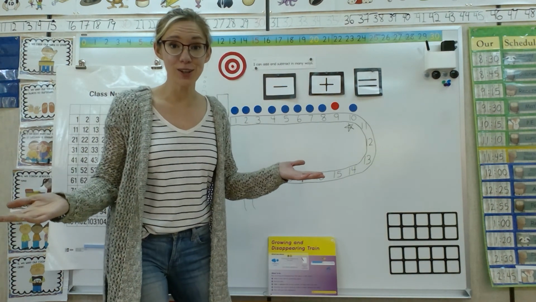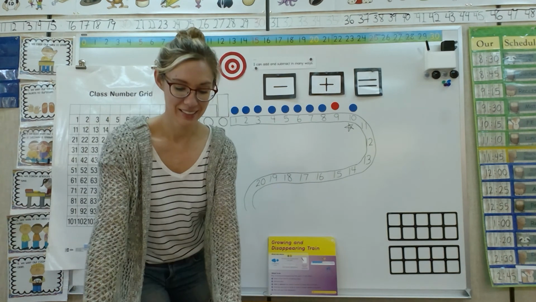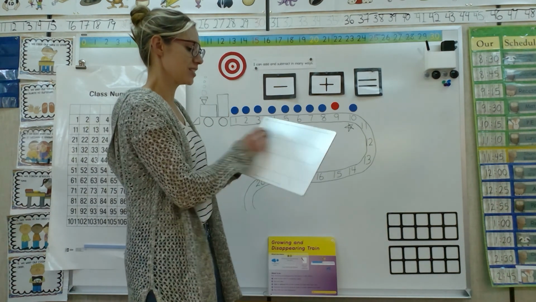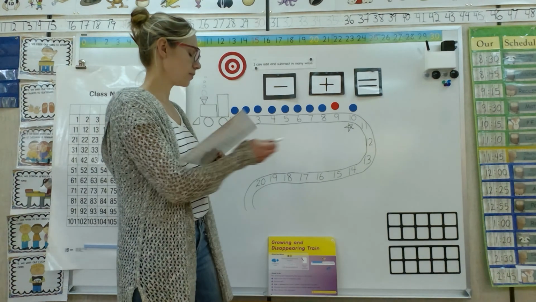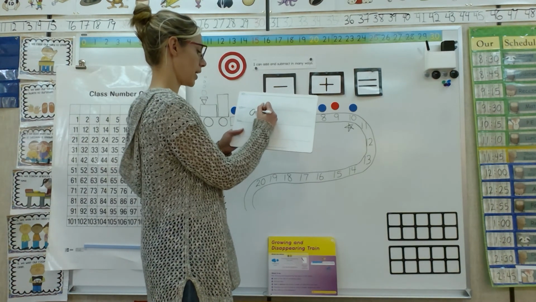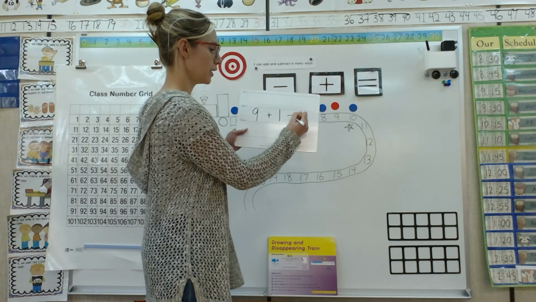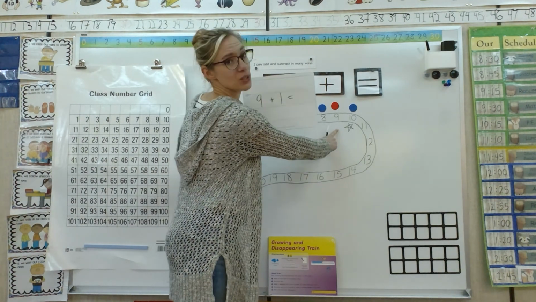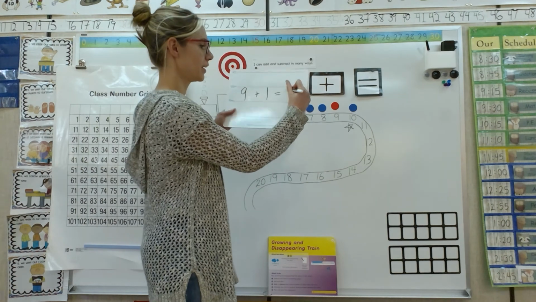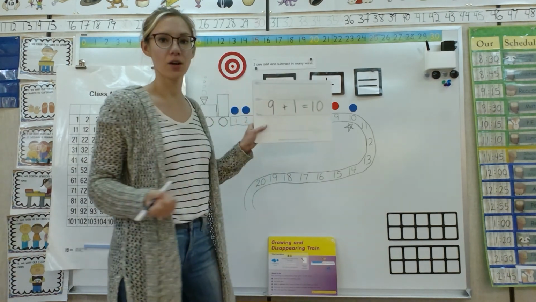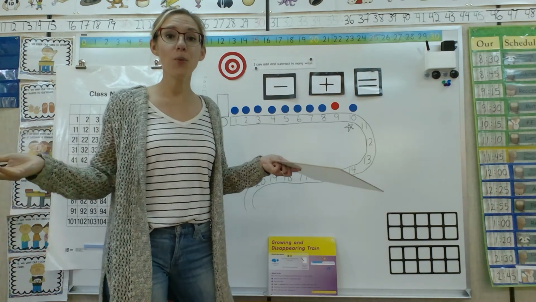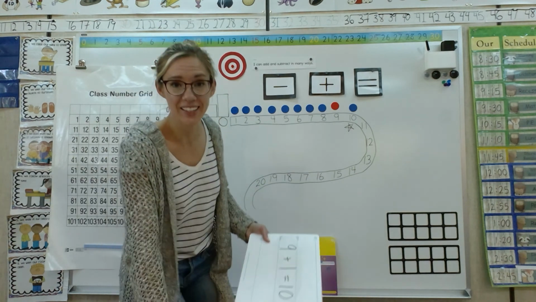Now how many train cars do we have? Let's go ahead and write it as a number sentence. We have 9 plus 1 equals, what's 1 more than 9? 10. Whoa, we're right back where we started.